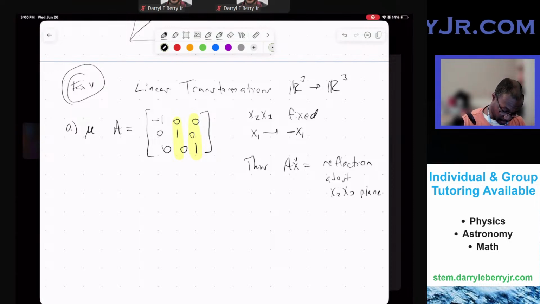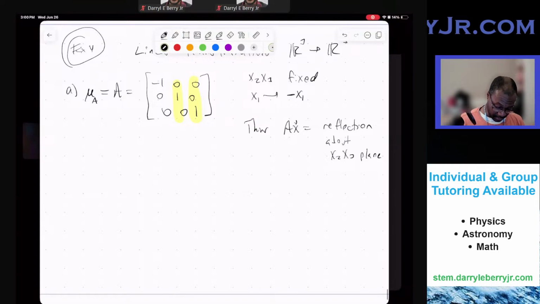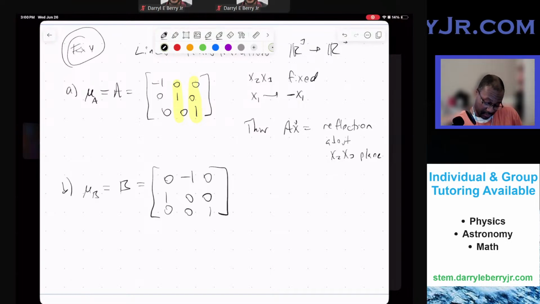And mu B is the function B equals 0, -1, 0, 1, 0, 0, 0, 0, 1, right? So what do we have? x1 goes to x2.